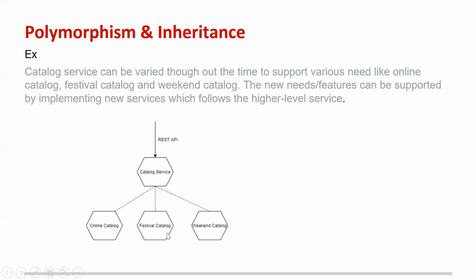Inside the festival catalog, we can define the menu items which will be available throughout the festival time. And the weekend catalog will have the menu items which are available only on the weekend. So in this way, this microservice, the catalog service, is becoming scalable. We are able to add new features.